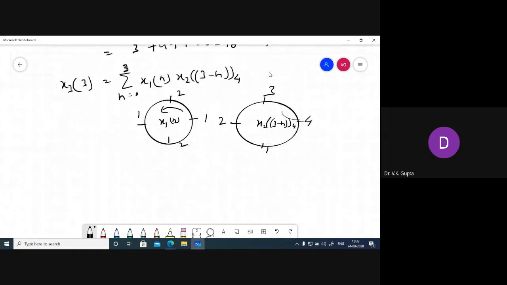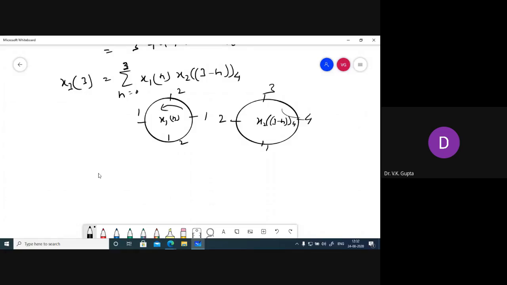Then x3(3) will be 4 plus 6 plus 2 plus 2, which is 14.